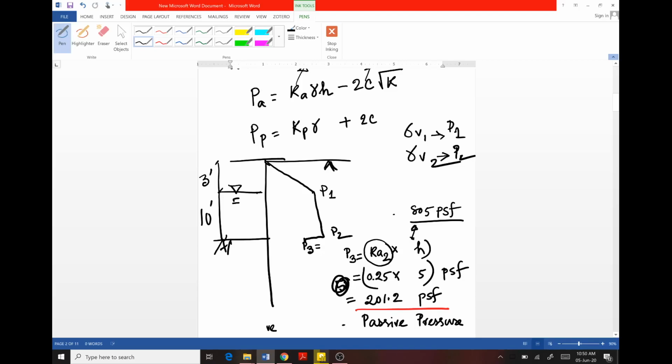P1 was 115.5 psf and P2 was 281.75 psf and P3 was 201.25 psf, which we have determined, as we can see.